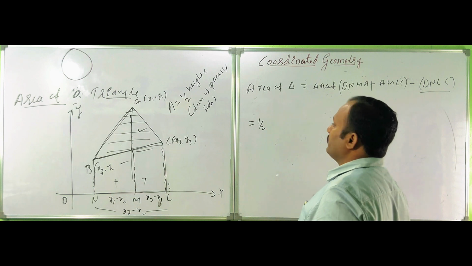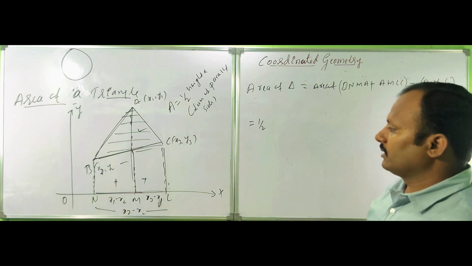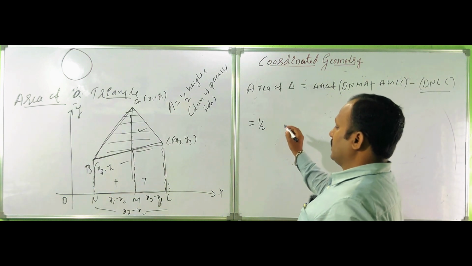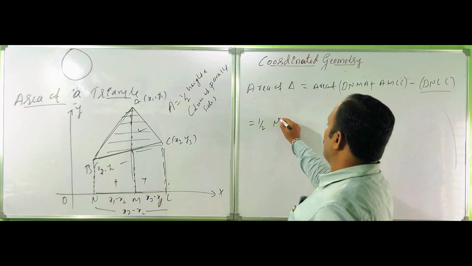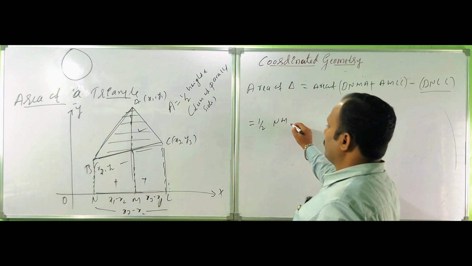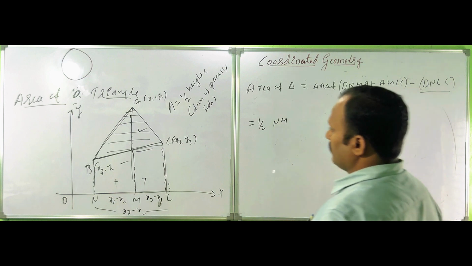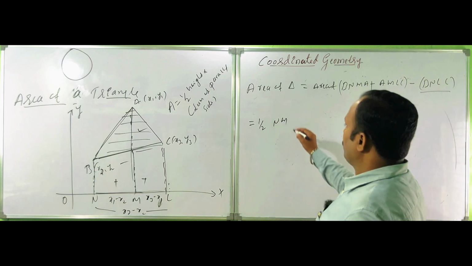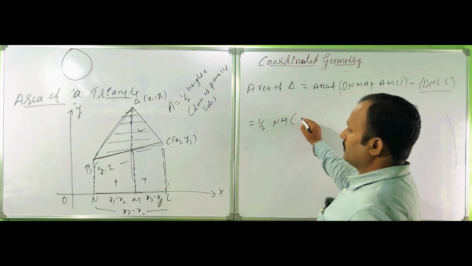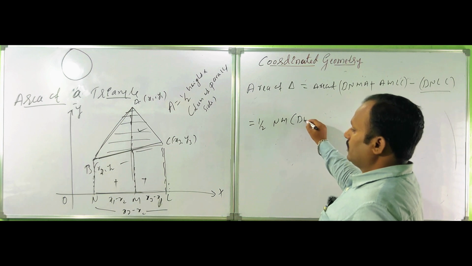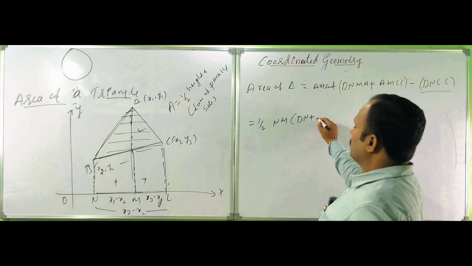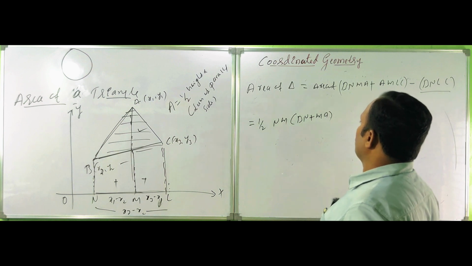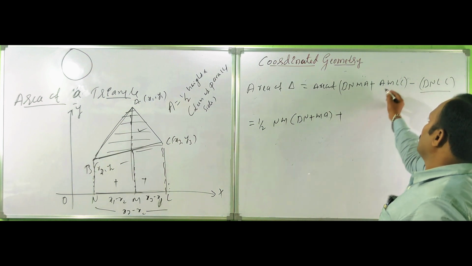What is the height of BNMA? Okay sir, it is NM. So 1/2 NM into BN plus MA, plus AMLC.